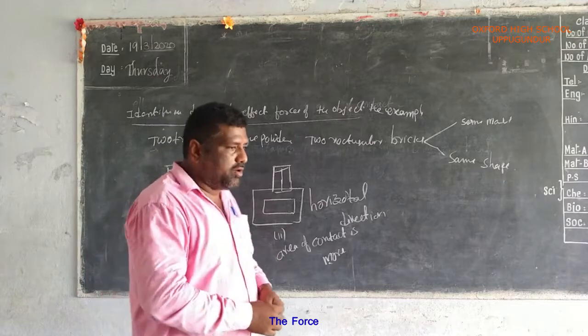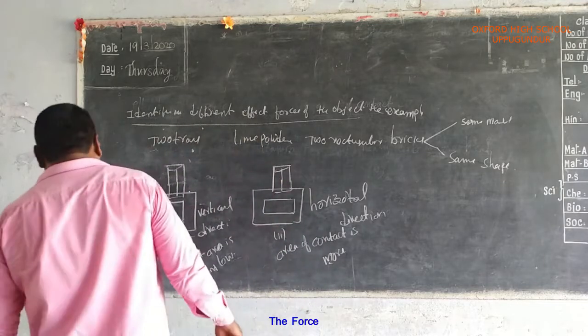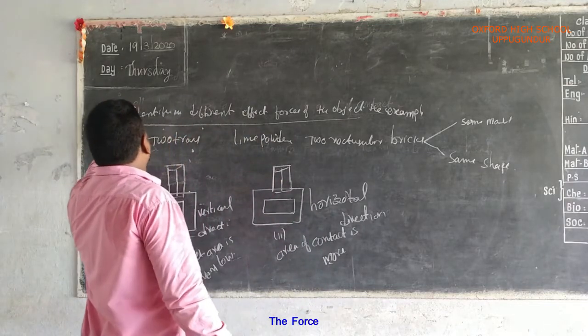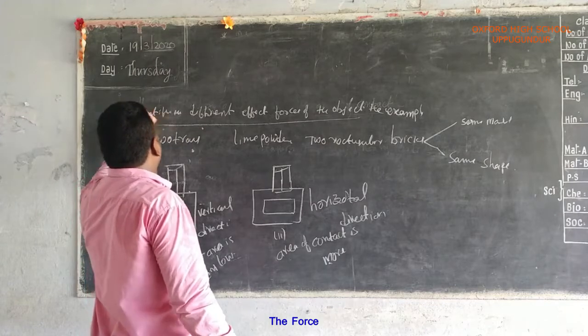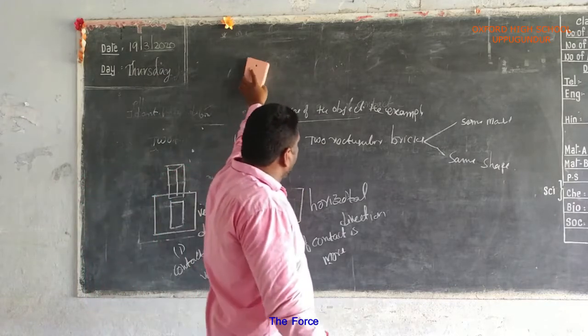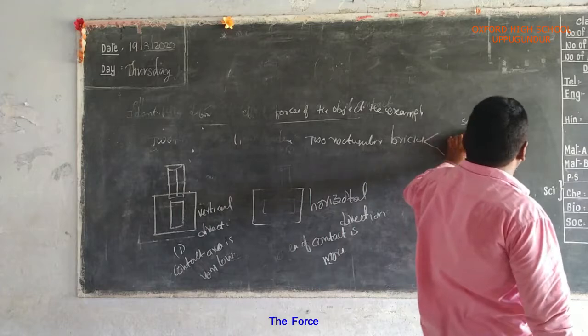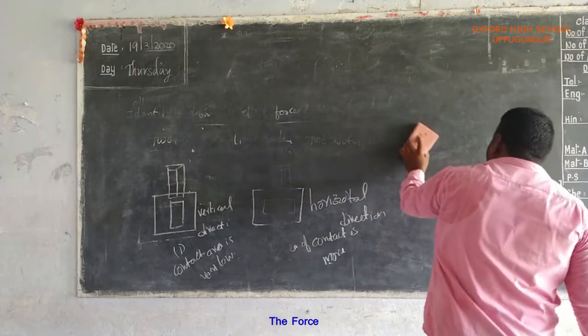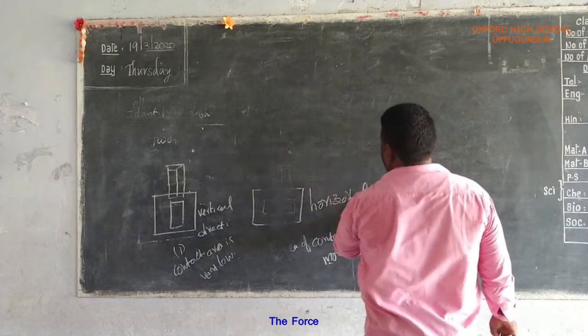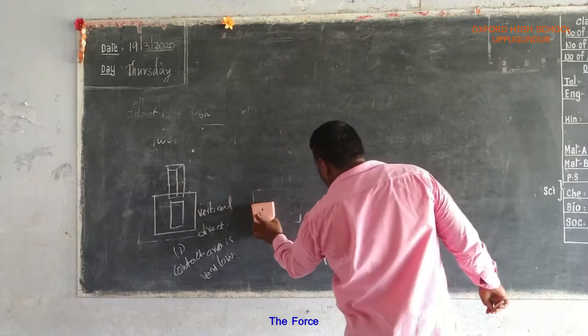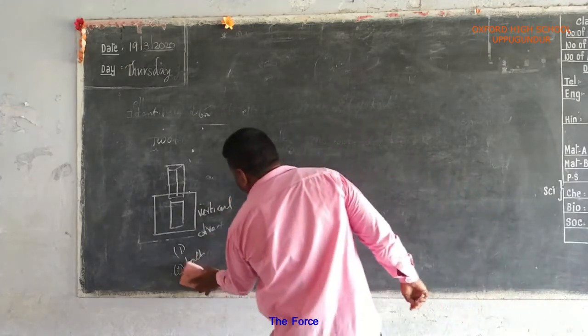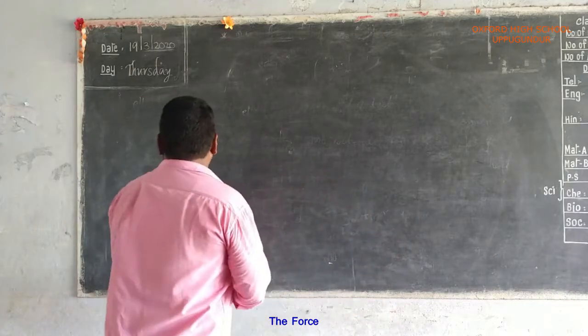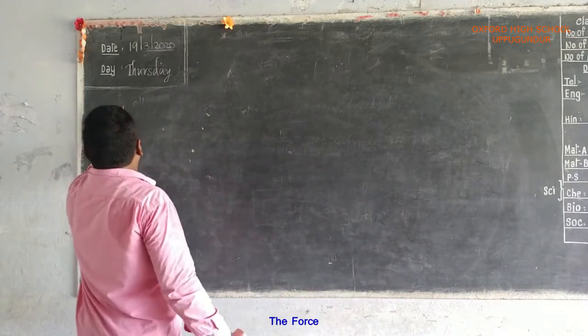Okay now. I will say another important topic. Why do cutting tools always have sharp edges? It is very important and definitely comes in the examination. Why do cutting tools always have sharp edges?